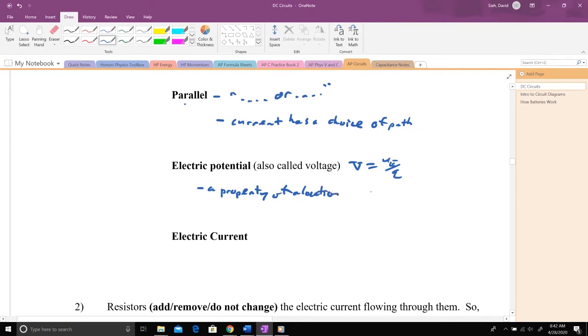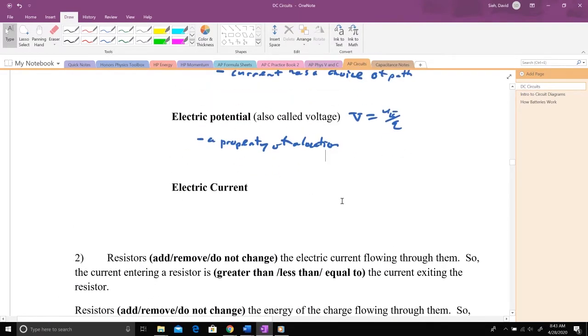So we don't say an object has a certain V or a charge has a certain V. That doesn't technically make sense. It's a location, a certain spot that has a certain V value. Like I said, we can put a flag on the ground here and say, right here, the V value is this much. Oftentimes we do an analogy with gravitational potential, but again, this is per charge.